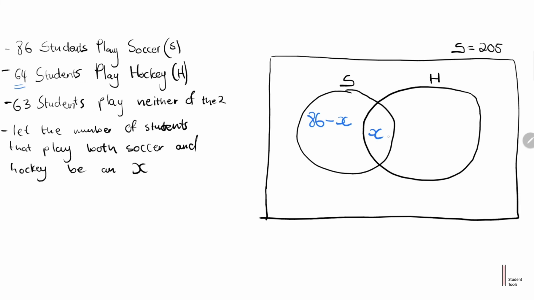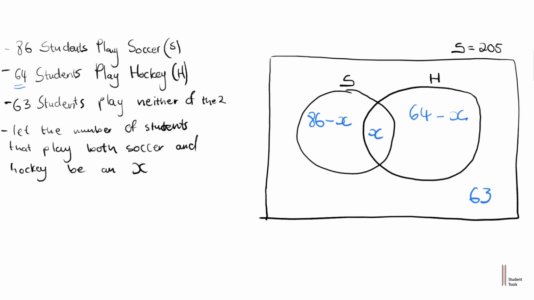So hockey only will be 64 minus the intersection, which is the X. And then we're told that 63 students play neither of the two sports. So we will have them over here, 63 students. And that is just how we represent this on a Venn diagram.